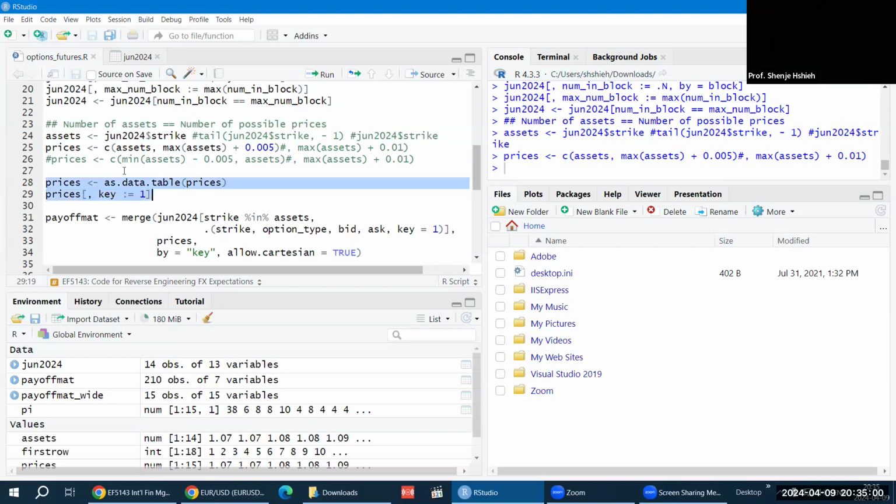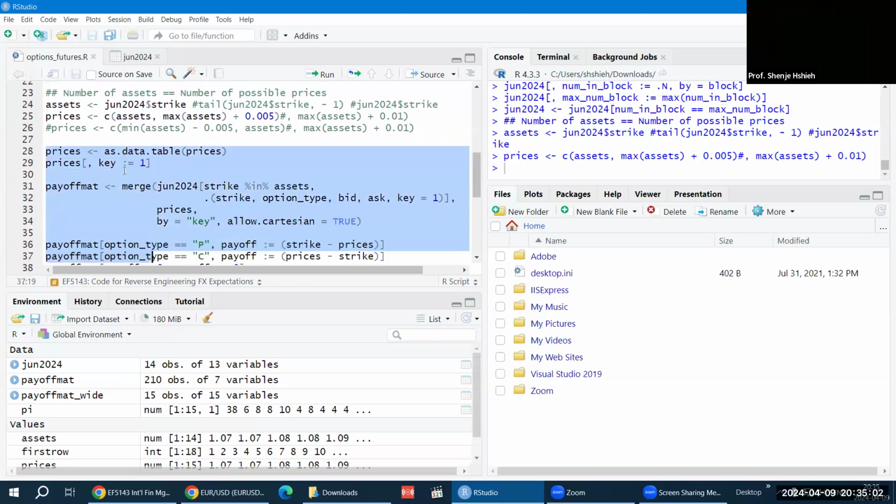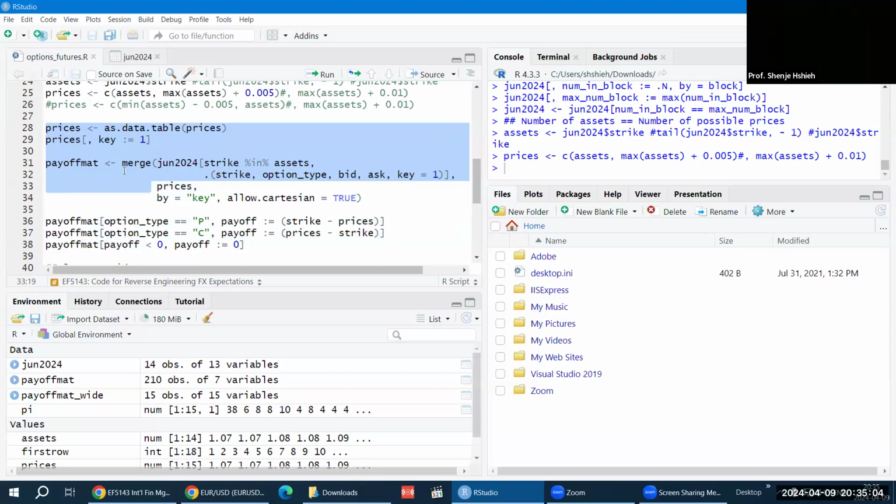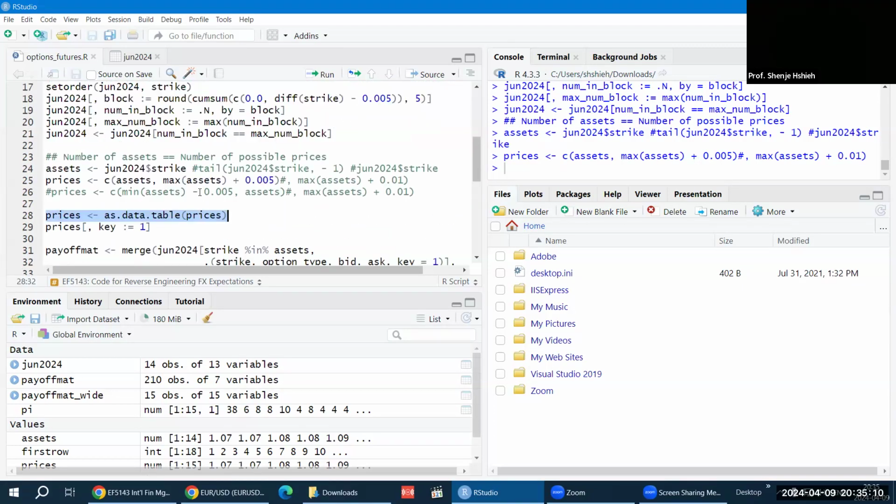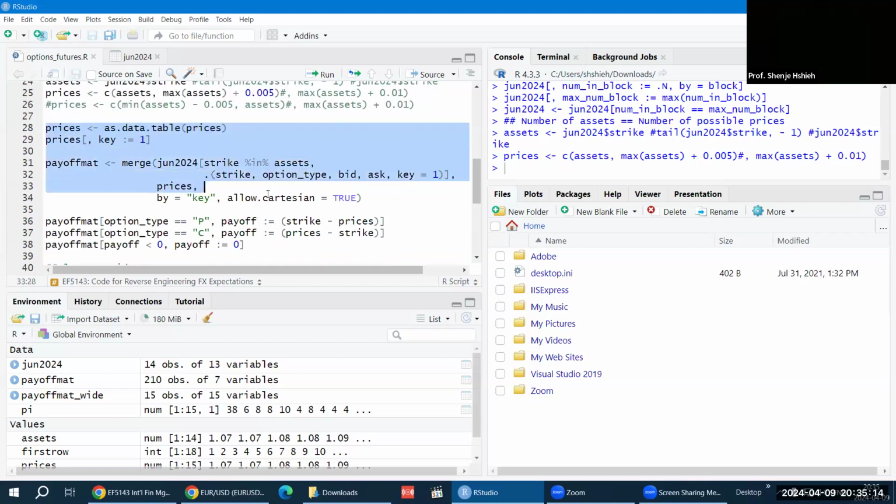For prices, I'm going to take prices and merge them with the strikes.